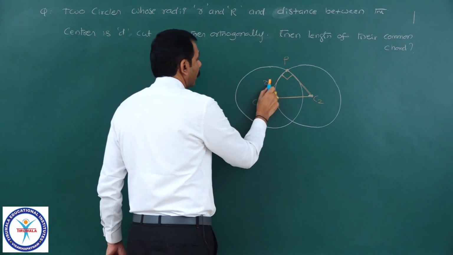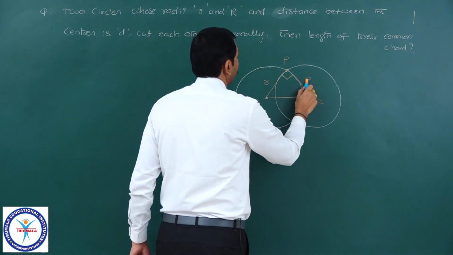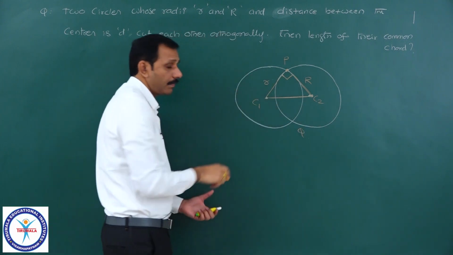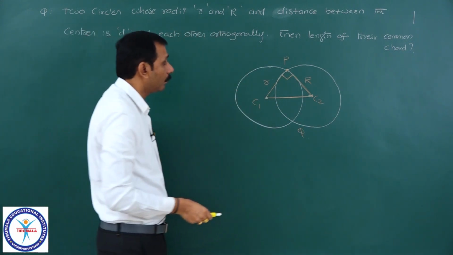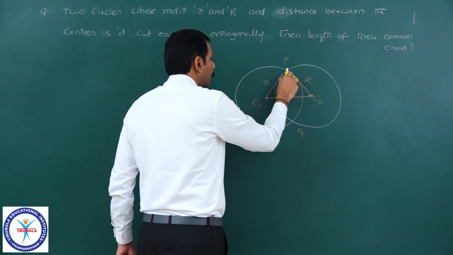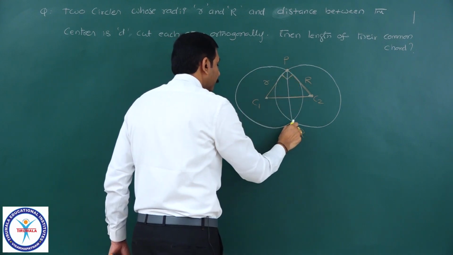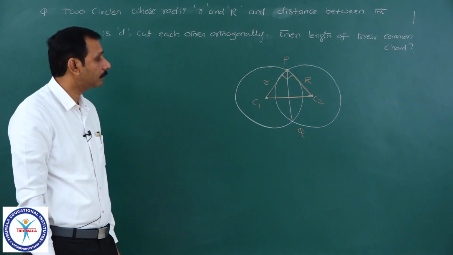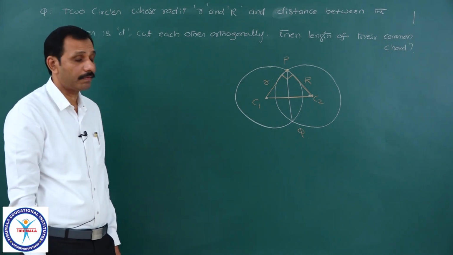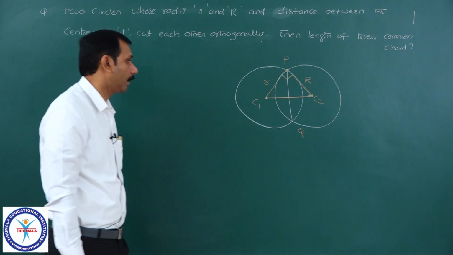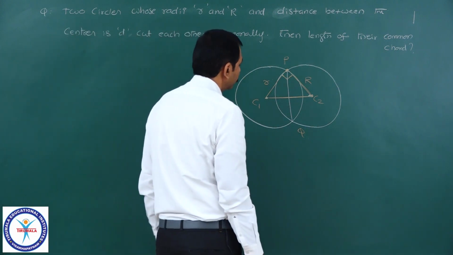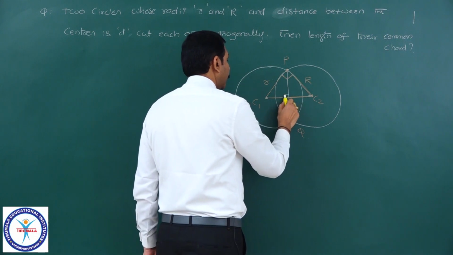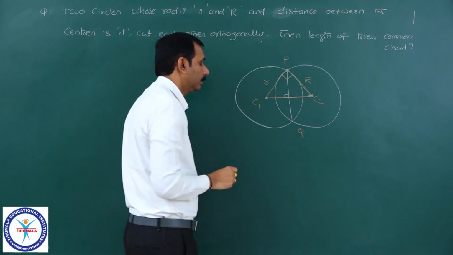The radius of this circle is small r and the radius of this circle is capital R. And let us take the points of intersection of these two circles as P and Q. Now the length of this common chord, this PQ length, I want. Now you see here, it is 90 degrees.